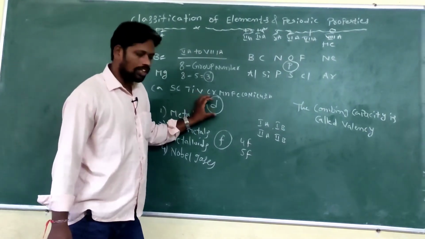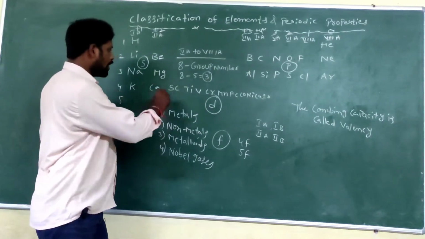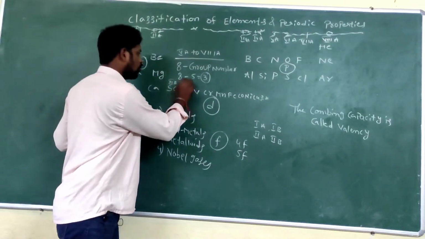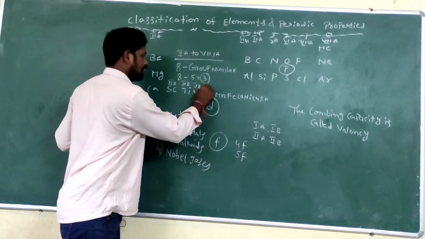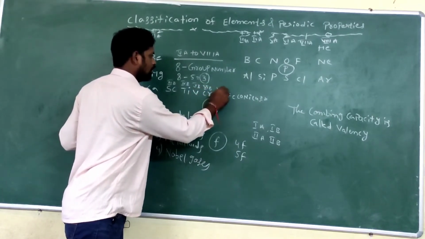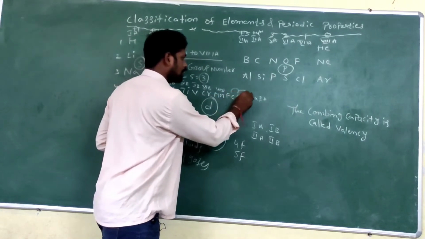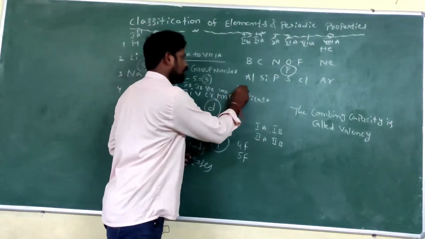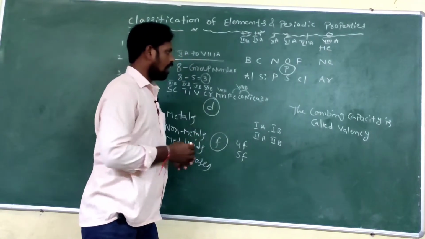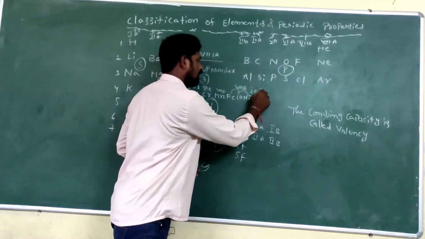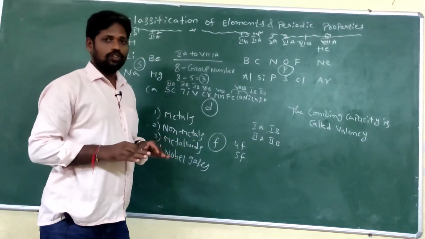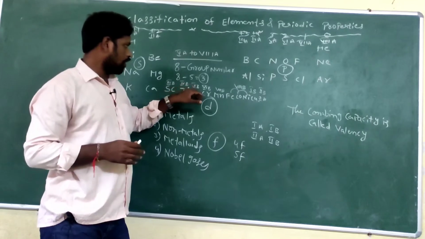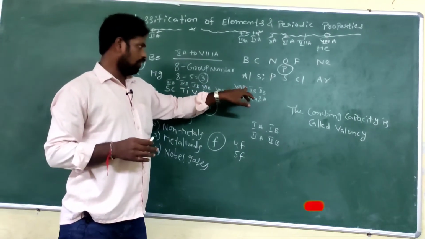Let us discuss the D block elements. In D block elements, scandium is the third B, then the fourth B, fifth B, sixth B, seventh B, and three elements together are considered one group. Then the eighth B, then 1B and 2B. So it is divided into 3B, 4B, 5B, 6B, 7B, 8th B, 1B, 2B.